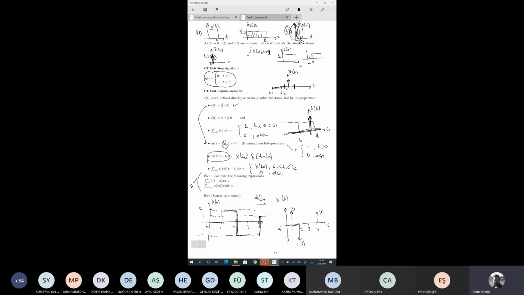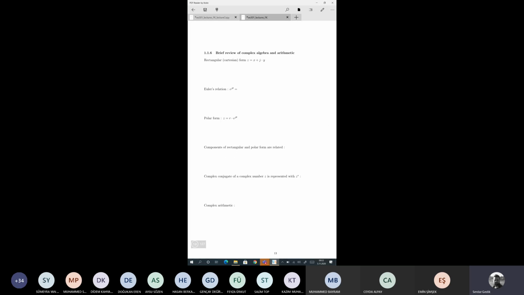So this is actually the concept of impulses and unit impulse and unit step signals. If you take the derivative of u of t, then you get that delta function. So, well, I hope unit discrete time and continuous time, unit step and unit impulse functions are clear.